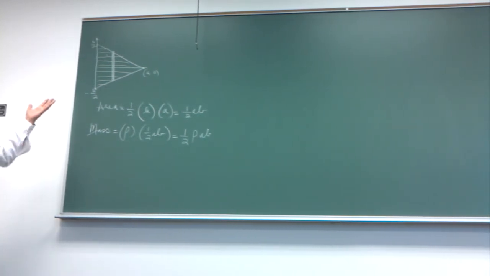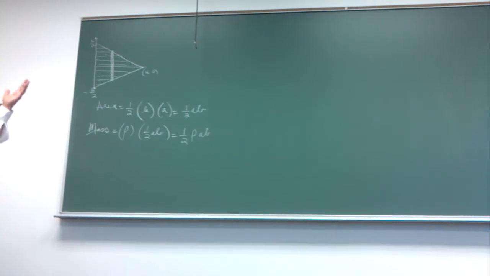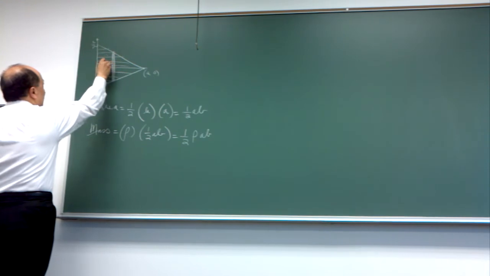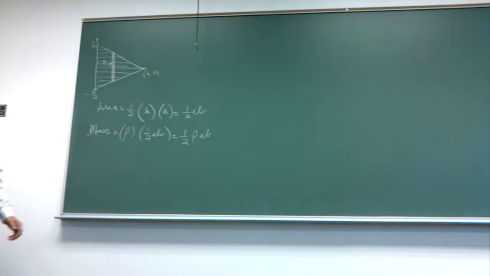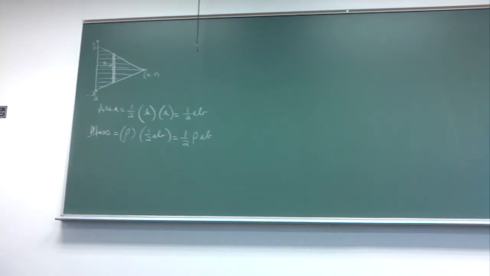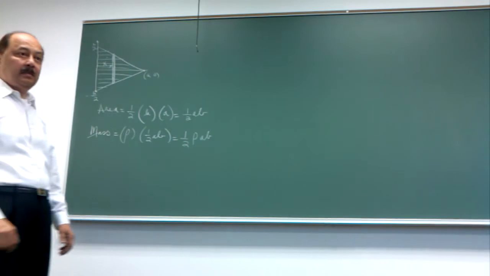What is the length of the rectangular slice? If I multiply the length by the moment arm, which in this case is x, then it'll give me the moment about the y-axis.